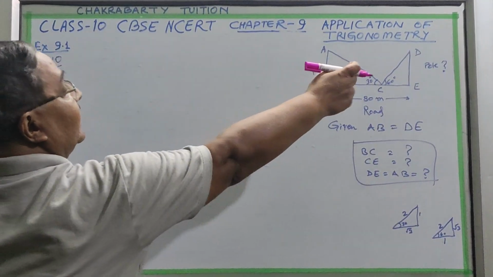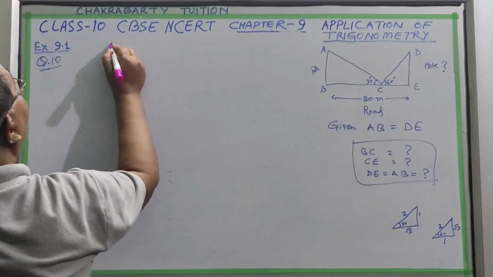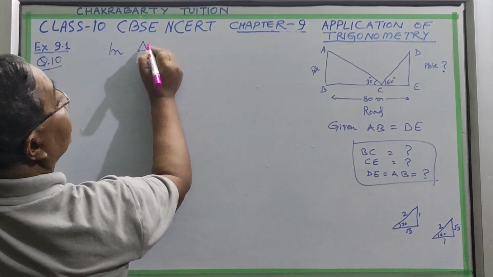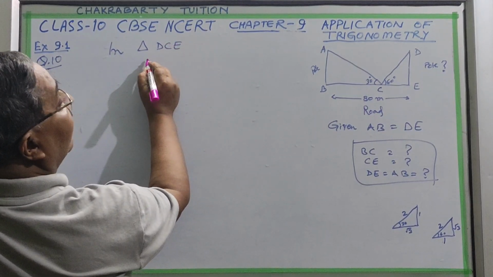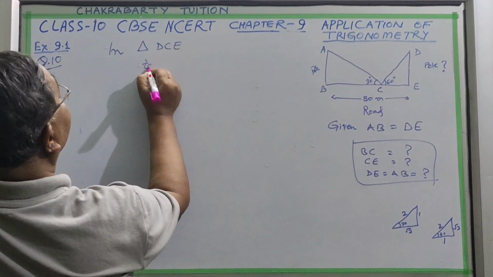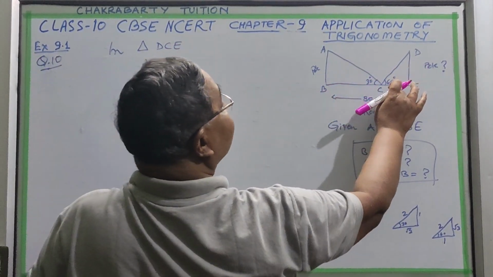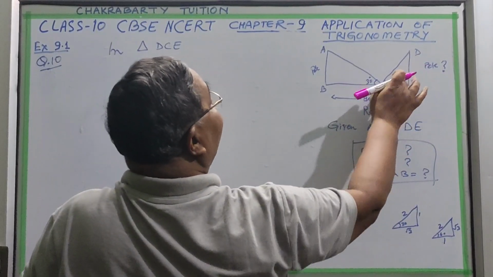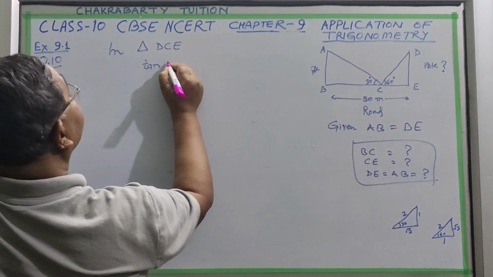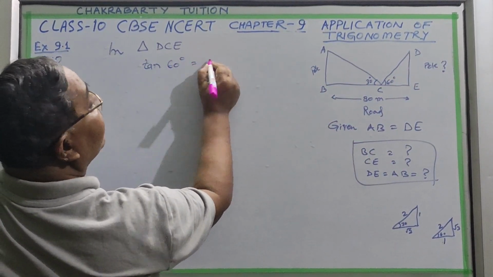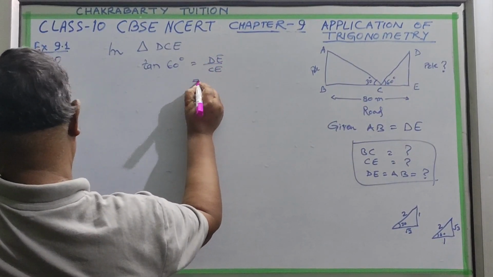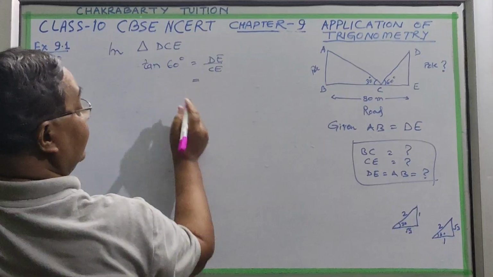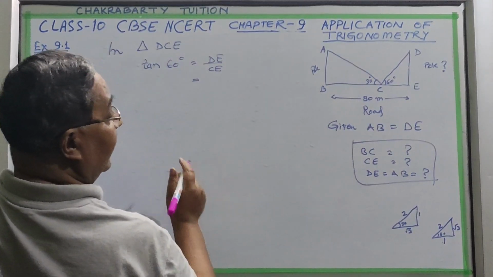So in this triangle first, in triangle DCE, tan, because from this side you want to know, so we will find out tan. So tan 60 degrees is equal to CD upon CE.